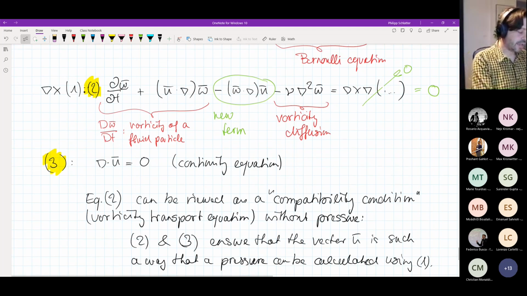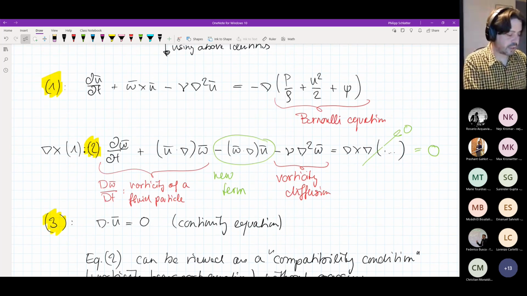So the idea is that with equations 2 and 3, you can calculate a specific velocity field, which you can then use to calculate the pressure using equation number 1. So in that sense, that's what I mean with compatibility condition.